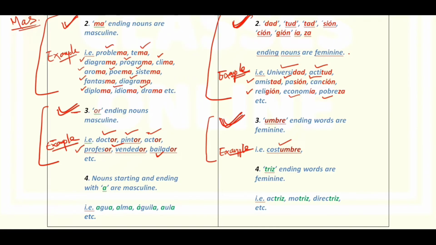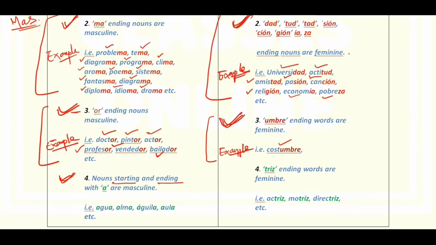See, point number 4. Masculine side. This point is quite important to remember. Here you can see nouns starting and ending with a are masculine. I have given some examples also.